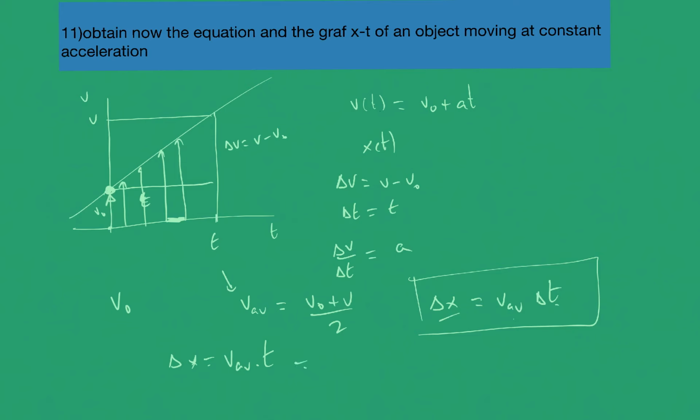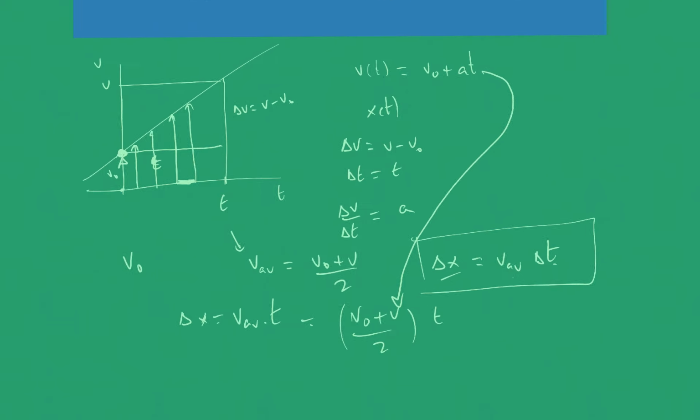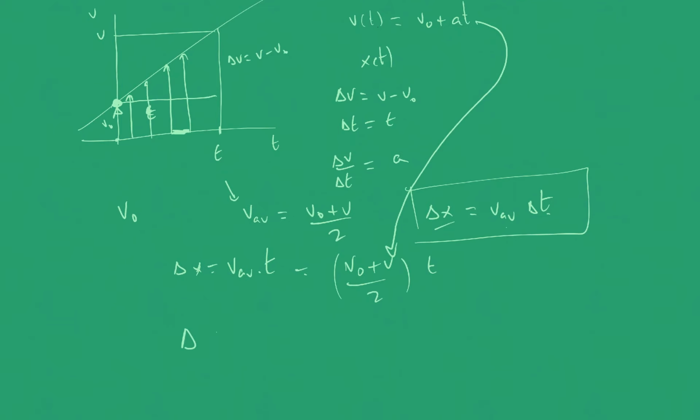So delta x equals v average, which is (v0 plus v) divided by 2, times t. Introducing the fact that v of t is v0 plus a times t, I would obtain delta x equal to v0 times t plus 1 half a times t squared, and here is where I want you to arrive. I wish you good luck in this.